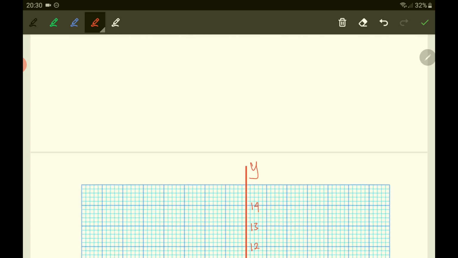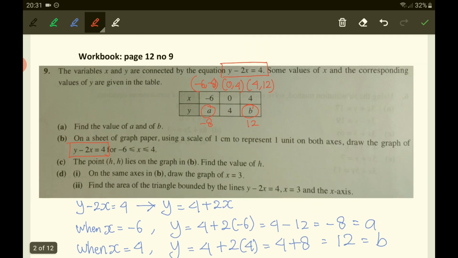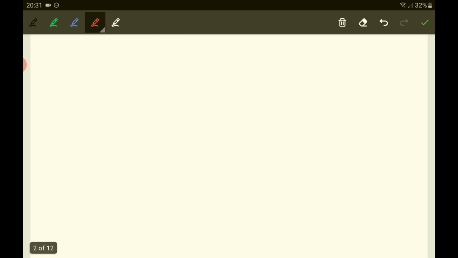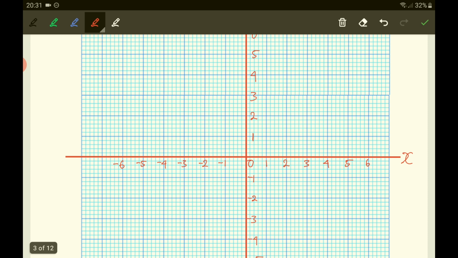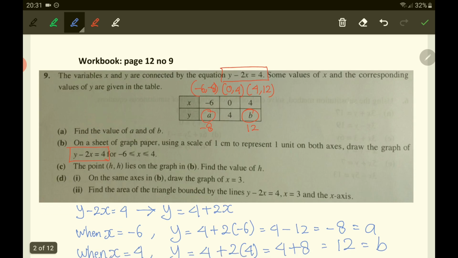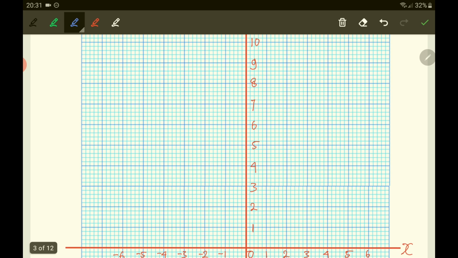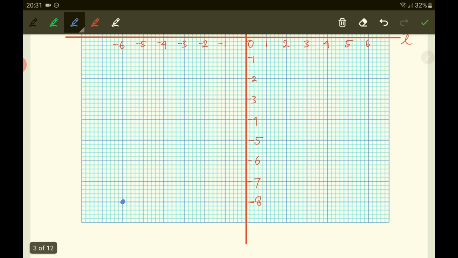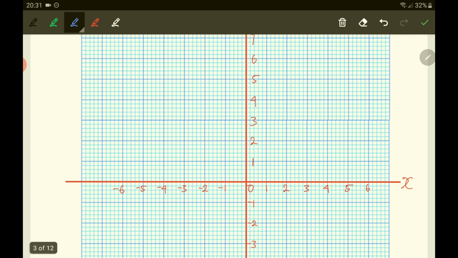So we are going to plot the points. The first coordinate is minus 6 comma minus 8, so x is minus 6 and y is minus 8. We have the point here, and that's the first. The second one is 0 comma 4, so when x is equal to 0, y is equal to 4.